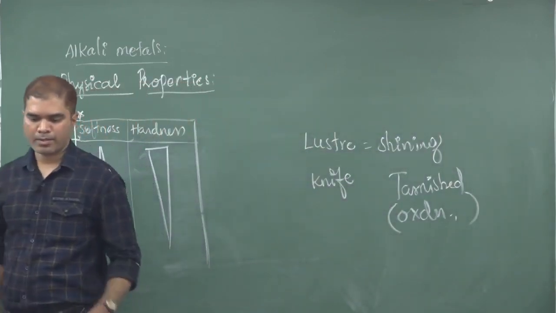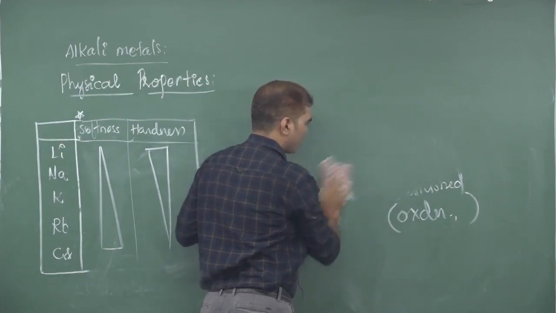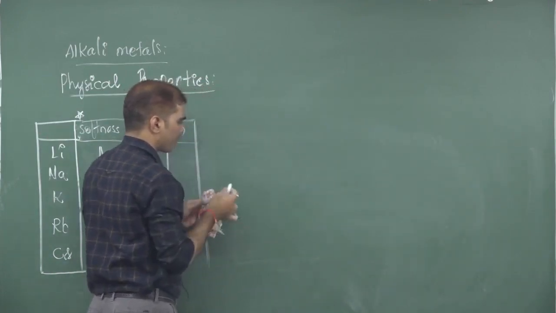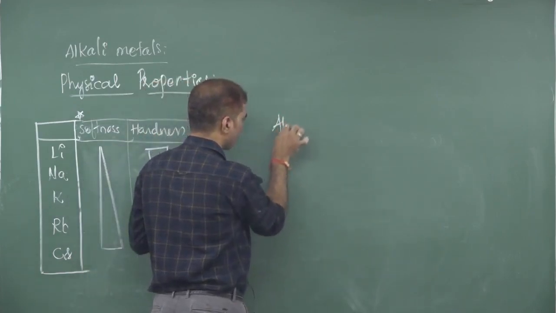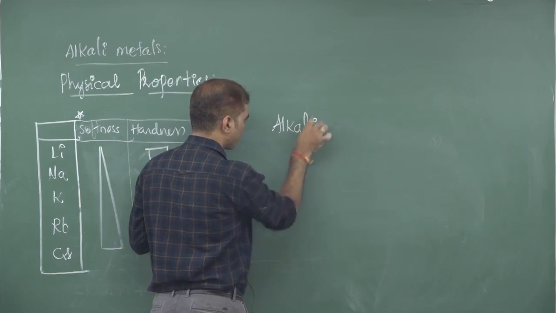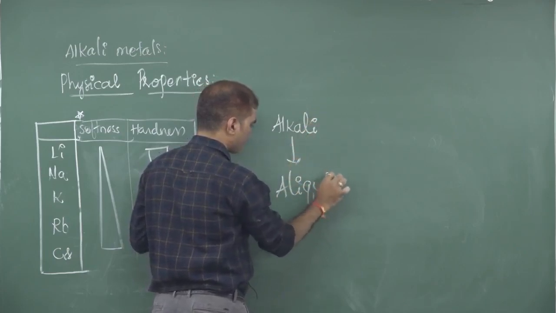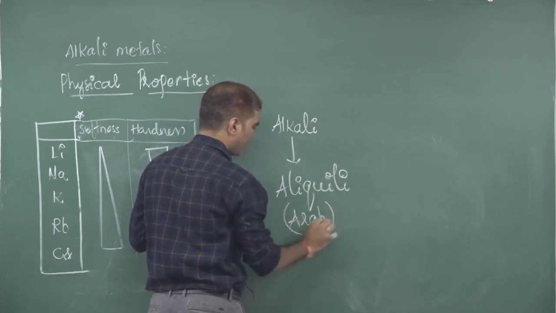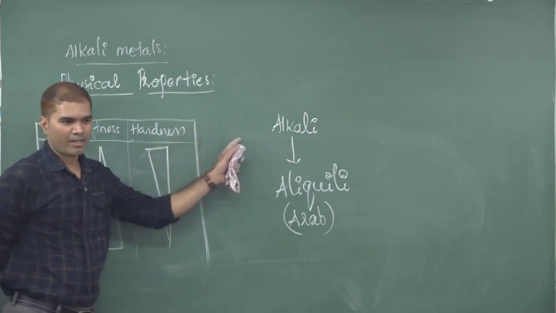Finished? Okay, now let me ask you a small question. Why are these called alkali metals? Because of basic nature. Any Arabian here? Because the name alkali comes from Aliquili.